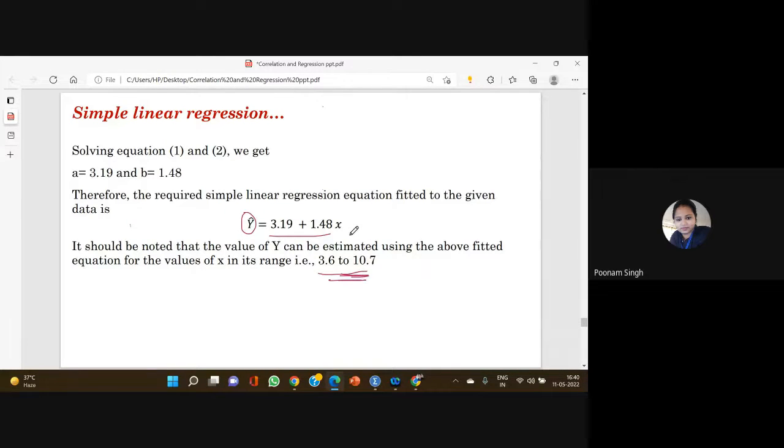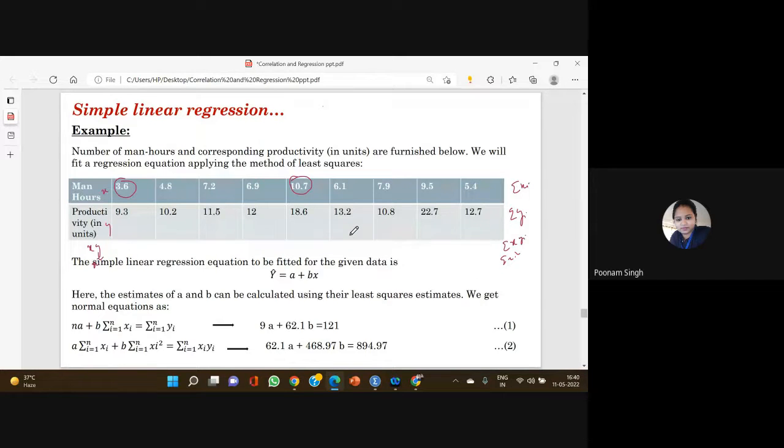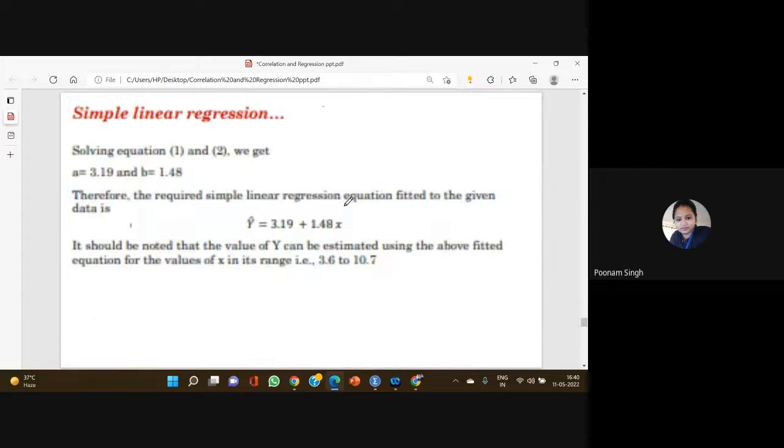And this is quite true also, because we are fitting this model a plus bx to this data for these values only. Beyond these values, even if we can estimate, we cannot interpret that result. Interpretation cannot be done. So this is to be remembered that the value should be estimated or calculated within the range of x only.